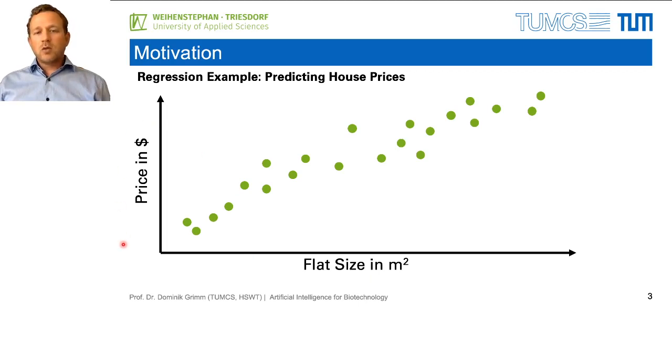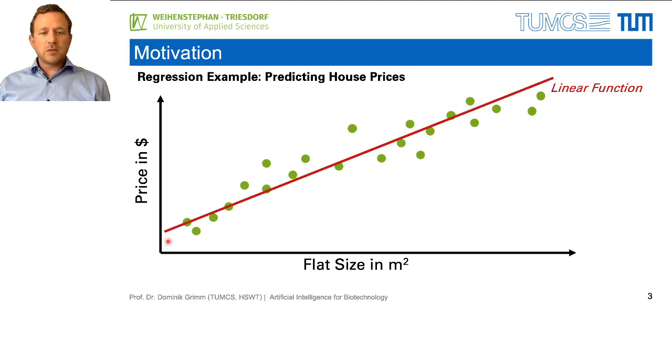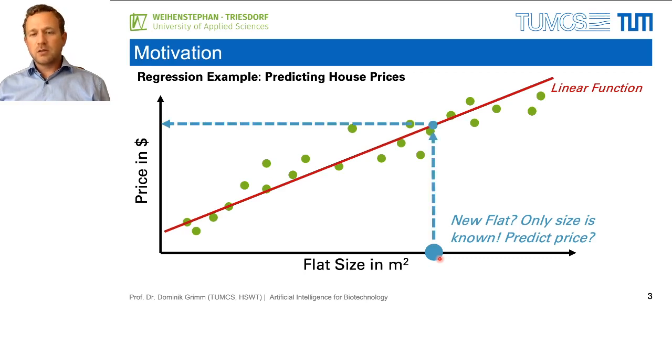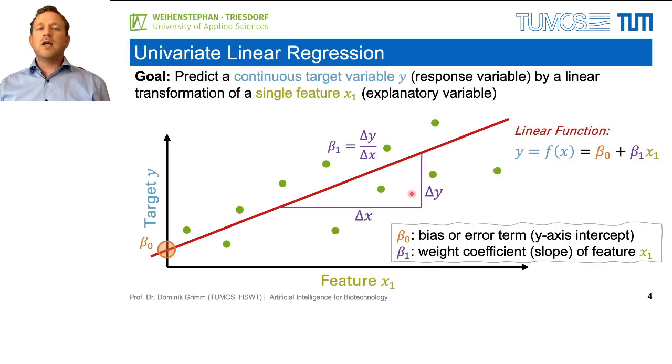So what we would like to do here is find a decision function, or a linear function, that describes our data as best as possible, so that if we have a new flat for which we only know the size, we can predict the price of this new instance.